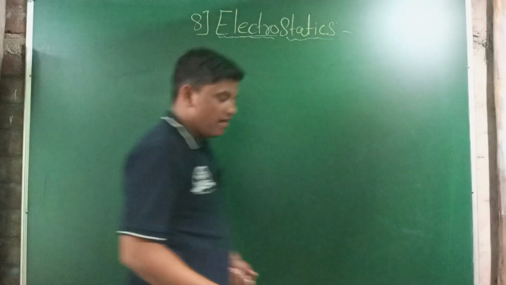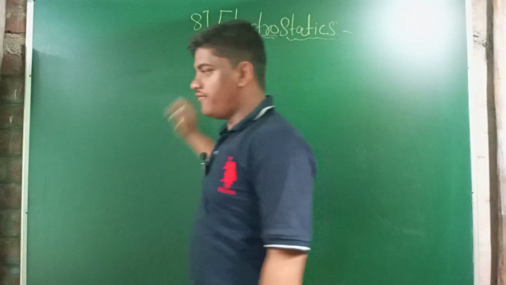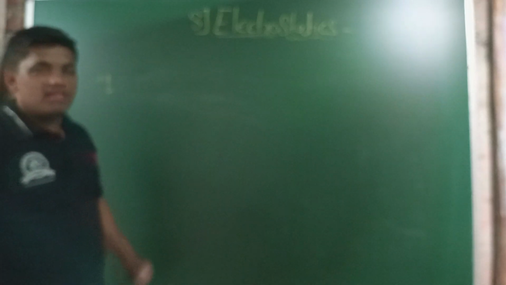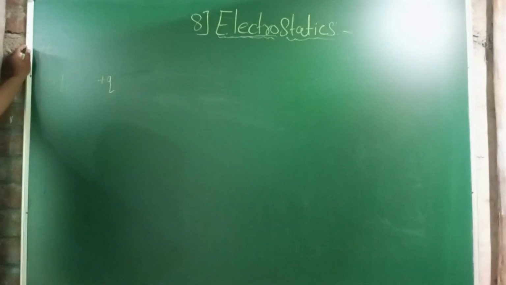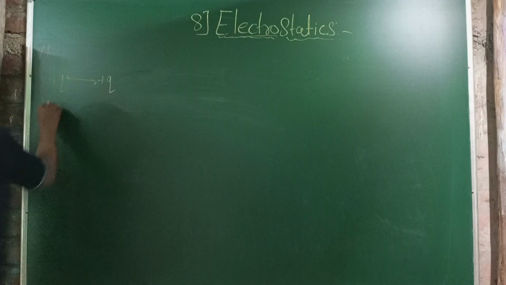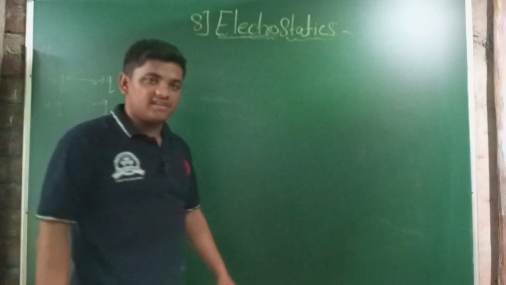Coulomb's law: the force of attraction or repulsion between two charges. Whenever the charges are the same, the force experienced by the charges is a repulsive force. When the charges are opposite, they experience a force of attraction.